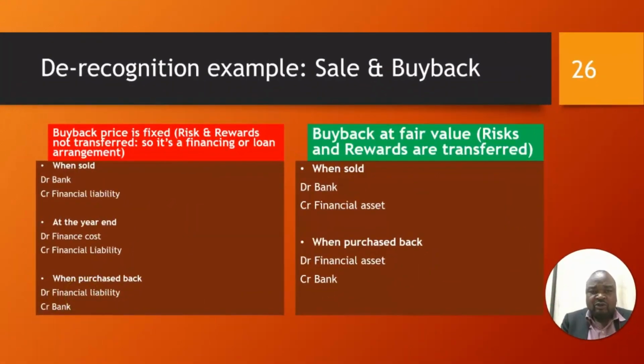So, in the world of financial instruments, there might be situations where you enter into a contract where you sell the financial instruments, for example, a financial asset. You sell the financial asset to another party, but you still have the obligation to buy it back.